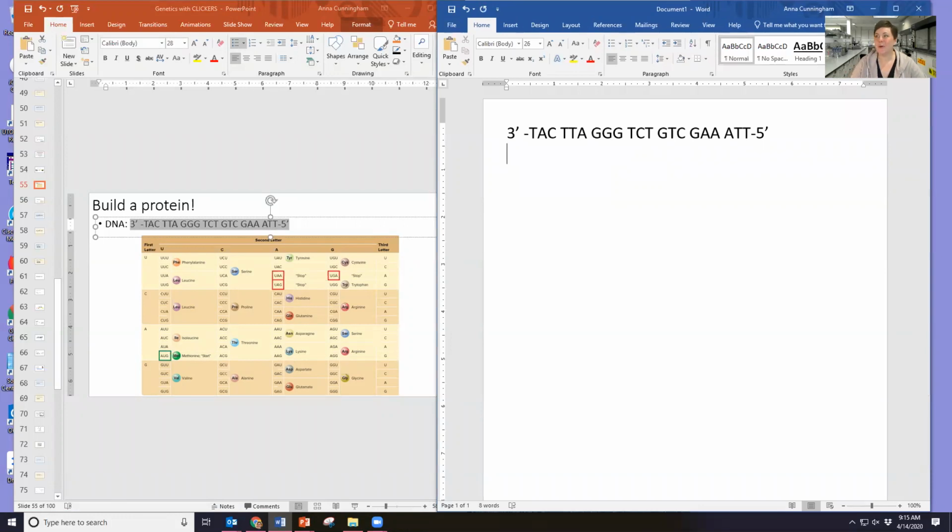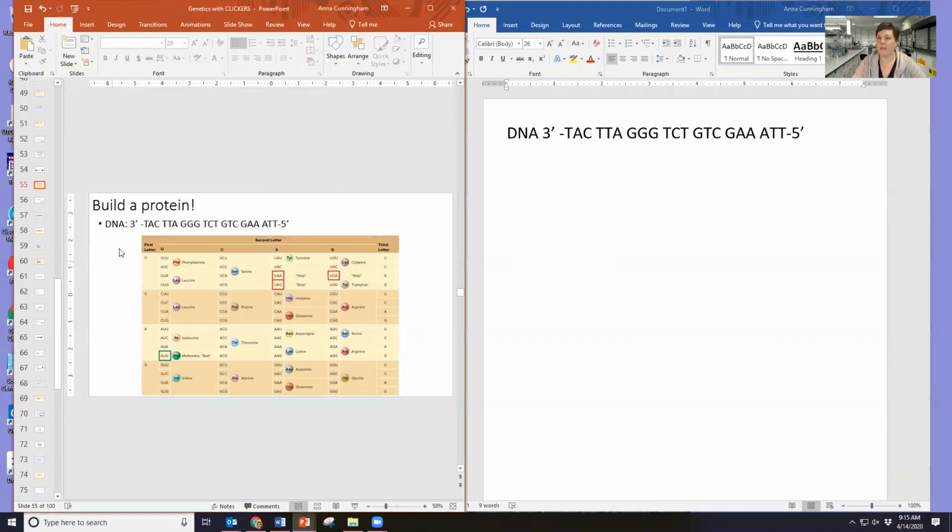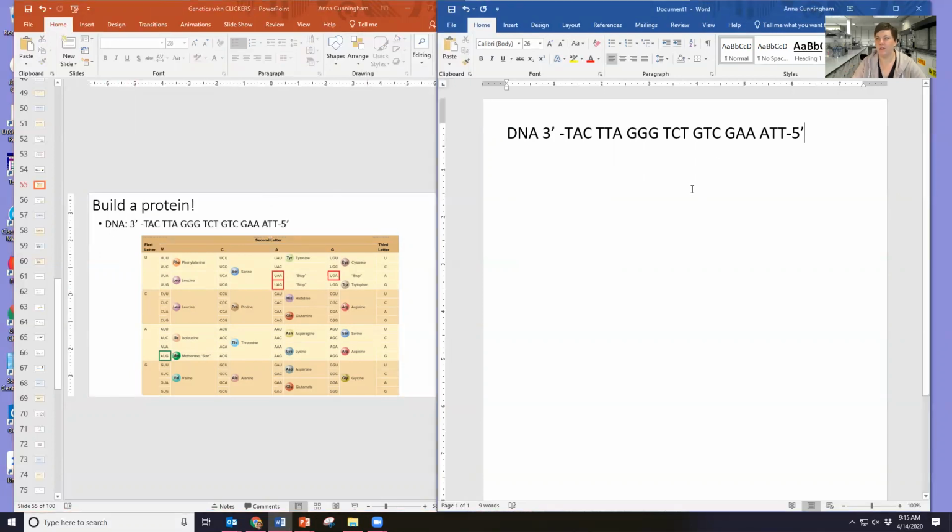Okay, so we are given a DNA strand, and you should always be given what direction that DNA strand is. This slide is giving us a DNA strand in the 3' to 5' direction. That's very important because it means it is giving us the template strand.